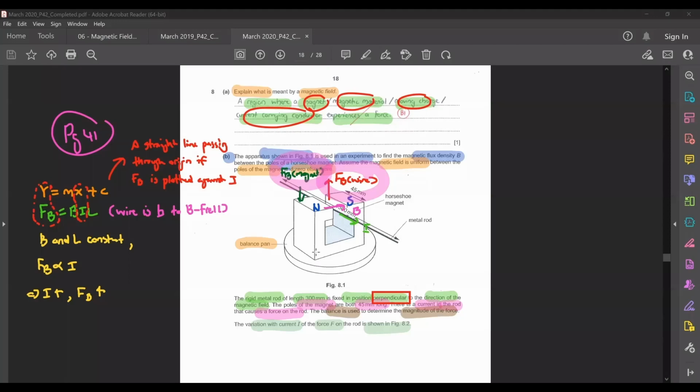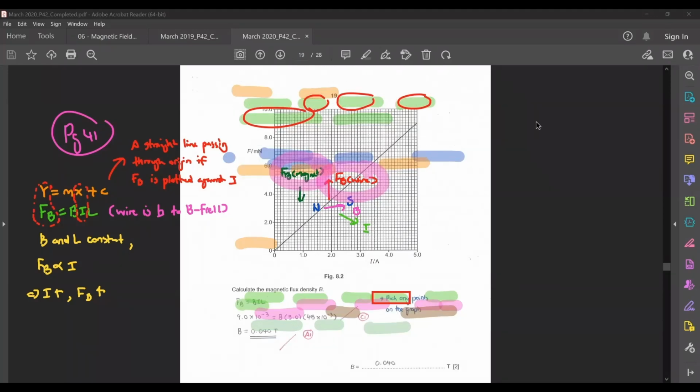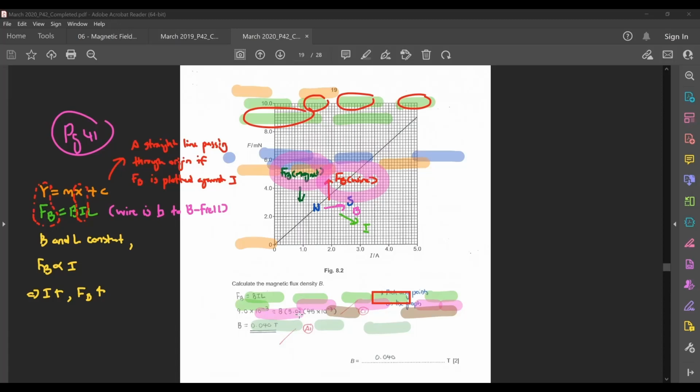So you look at the next page right now, this is the variation of your magnetic force with current.